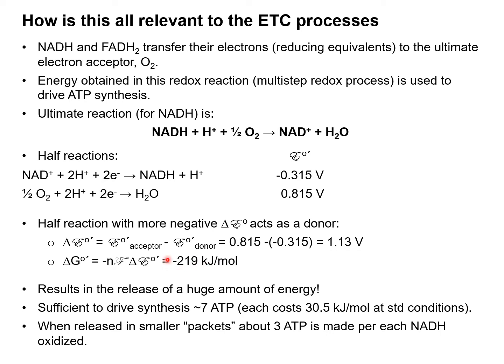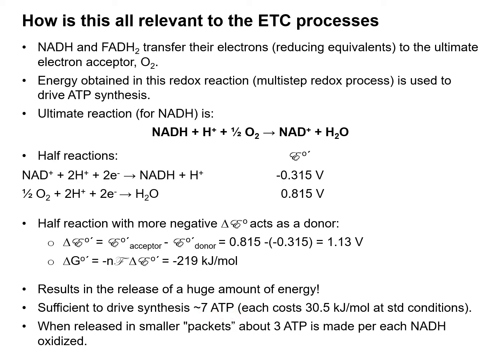So it's highly negative, meaning that this reaction is highly spontaneous. So this results in the release of a huge amount of energy here, and that is sufficient to synthesize about 7 molecules of ATP.